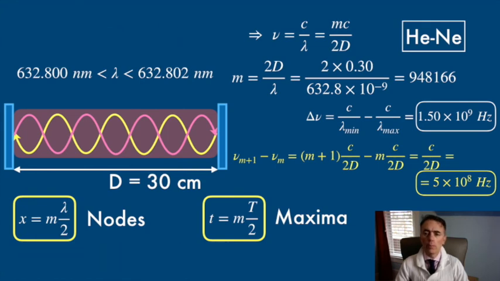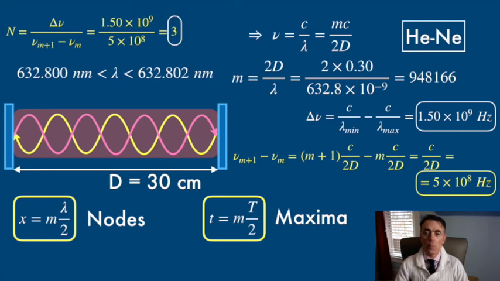So, the number of standing wave modes allowed is n equal to delta nu of the gain medium over the distance between two consecutive frequencies, which gives us 3 modes.